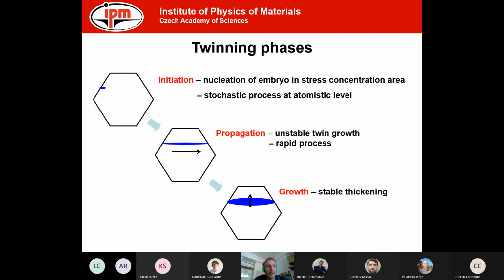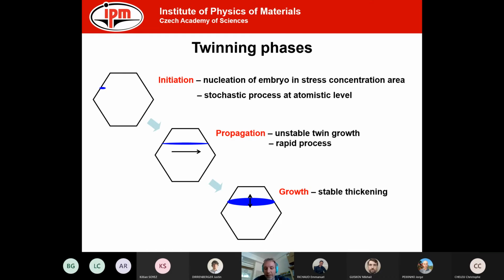It usually occurs at the grain boundaries because there is usually stress concentration and also enough lattice defects where the twin can nucleate. Then after the initiation, there is the second phase called propagation, which is the unstable growth of the twin in the twinning plane.